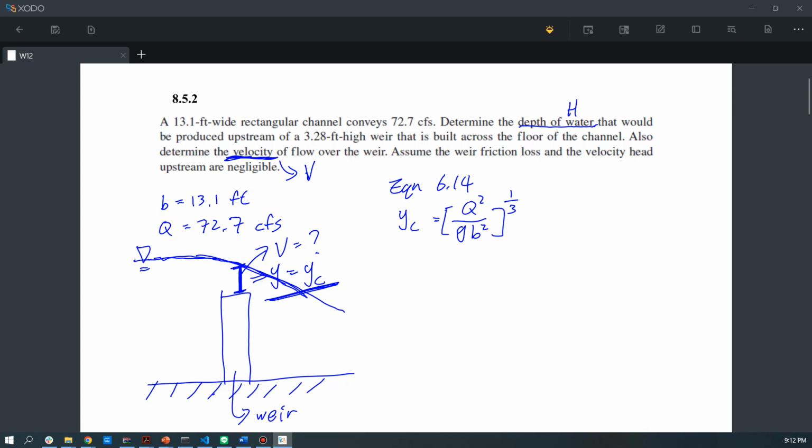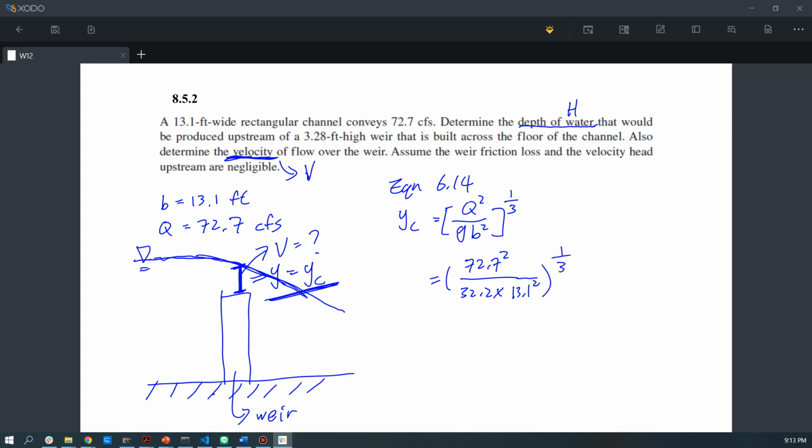Okay, so we just plug in the numbers. The flow rate is equal to 72.7 squared, divided by g in the English unit, which is 32.2, times b, the width of the channel, which is 13.1 to the power of 2, then to the power of 1/3.